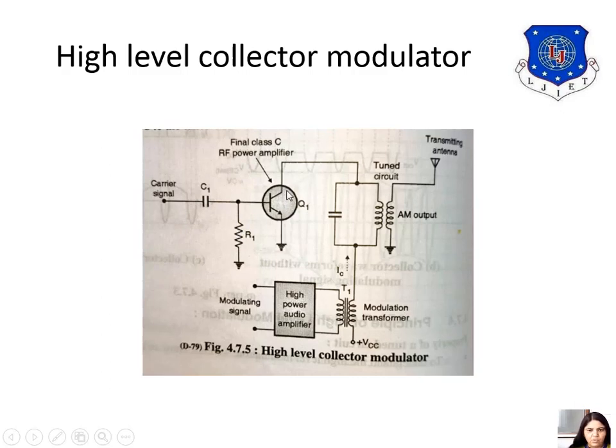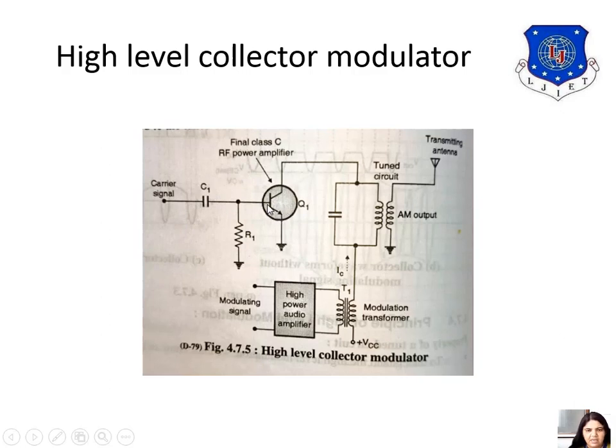Now this Q1 transistor receives the RF carrier signal at its base. Whenever it gets the RF signal, the transistor will conduct. It conducts only for the positive half cycles, because it is biased to operate as a class C amplifier.